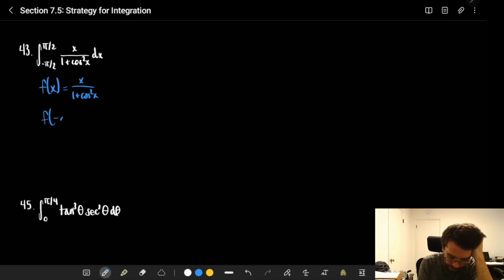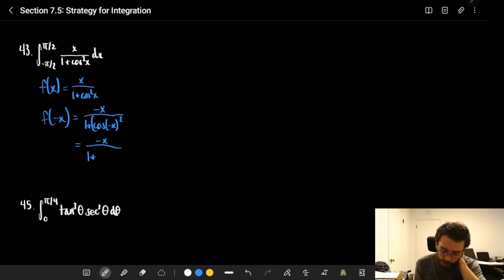Right? To check, you would say, what's f of negative x? Well, it would be negative x over 1 plus cosine. Cosine squared is really cosine whole thing squared, right? So it's like that. But that is negative x over 1 plus, should have closed the parenthesis.